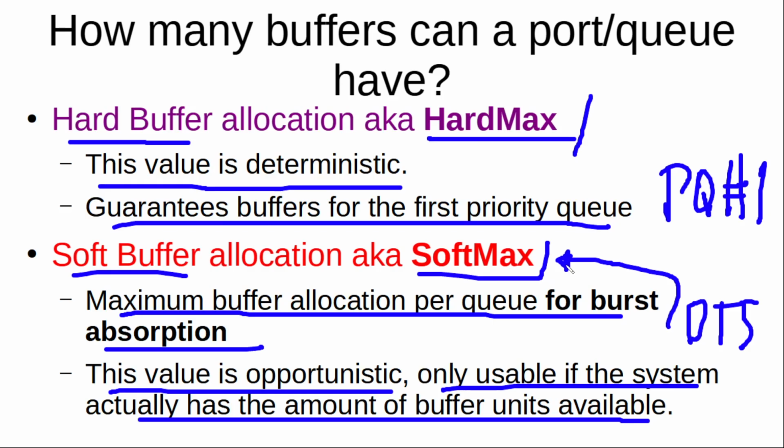If all the buffers are used, this value is not guaranteed. Compare that with HARDMAX, which gives you a value that always exists within your port. It is permanent. Your port will always have access to this amount of HARDMAX buffers.